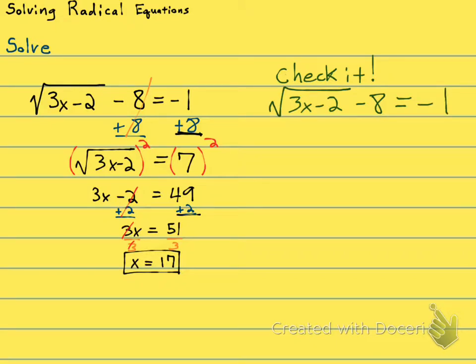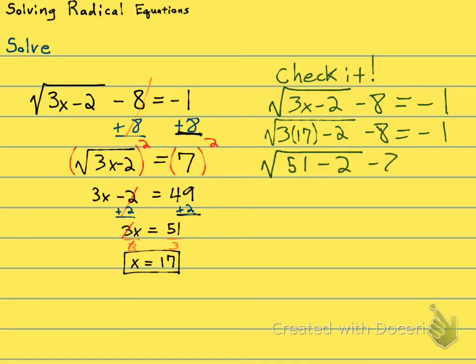All right, now let's take what we had for x, that's 17, let's plug it in right there for x. So I have the square root of 3 times 17 minus 2 minus 8 equals negative 1. Underneath the radical, 3 times 17 is 51, minus 2, minus 8 equals negative 1. 51 minus 2 is 49.